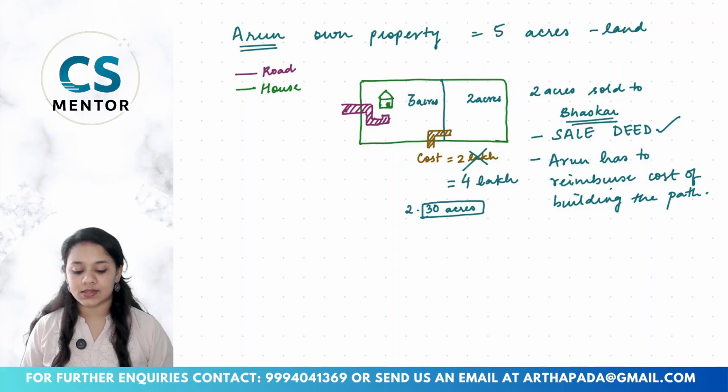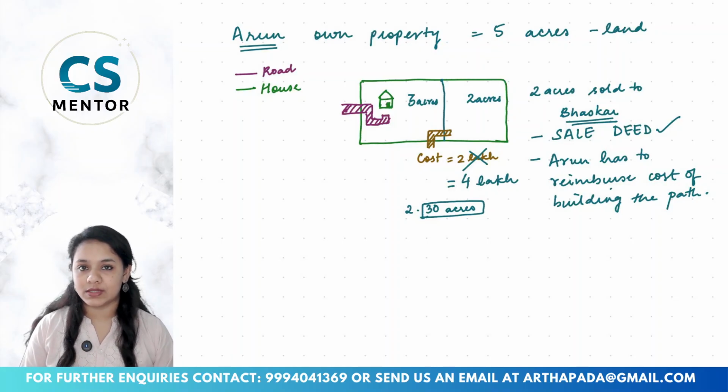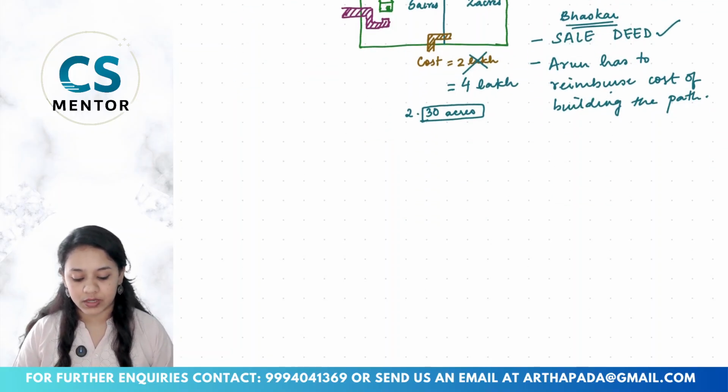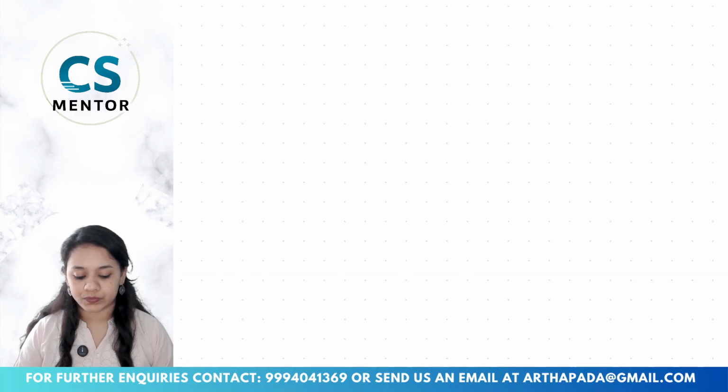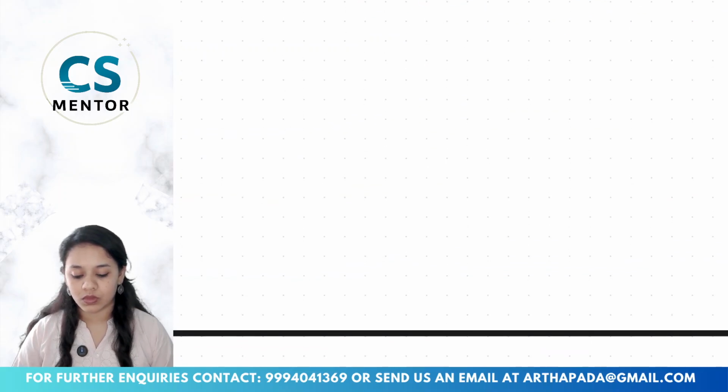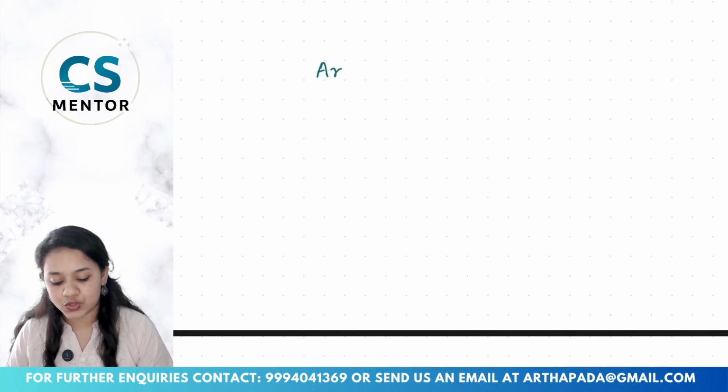Now, let's take the assumption that in this case, the parties have tried talking to each other and no reconciliation is possible. So then what we can see is Arun will have to end up going before a court of law. Okay, great. So now, if Arun is to go before a court of law, then can he do so?